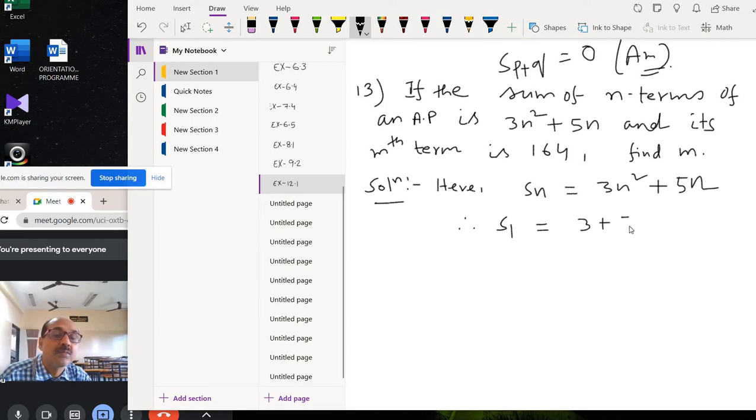So 3 into 1 square plus 5, which is 3 plus 5, which is 8. S2: 3 into 2 square plus 5 into 2, 12 plus 10, which is 22.